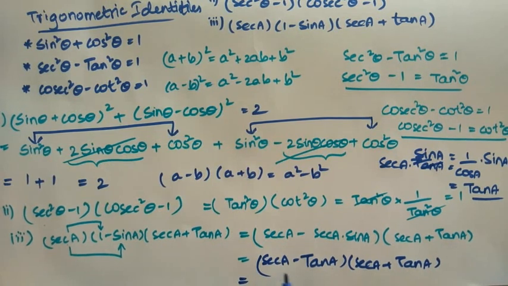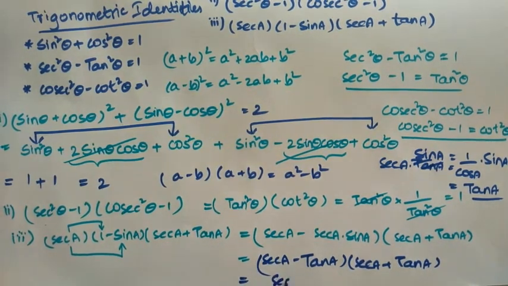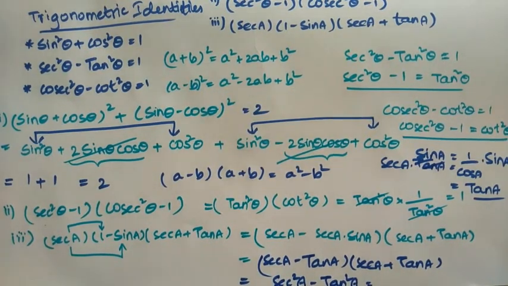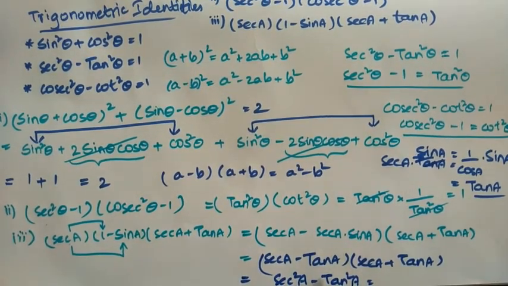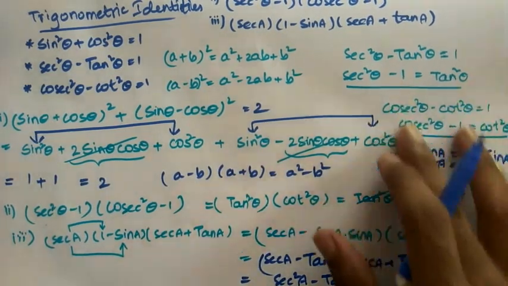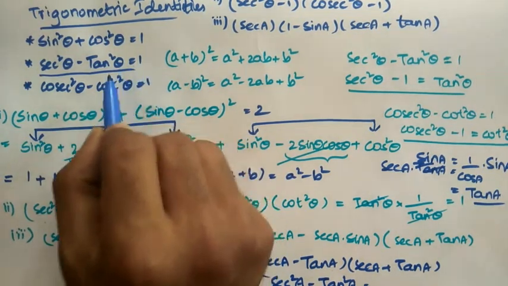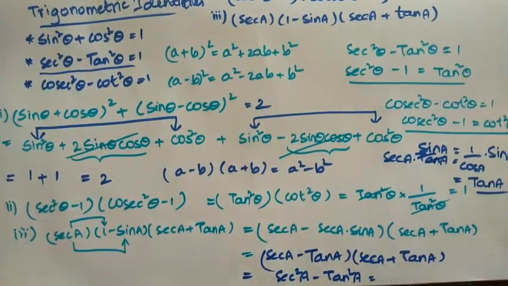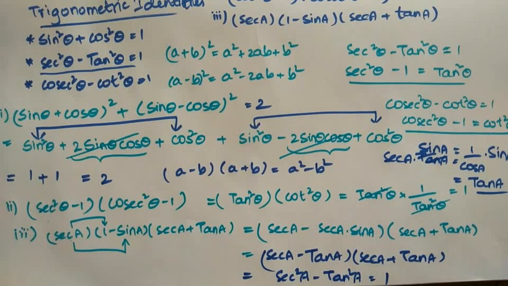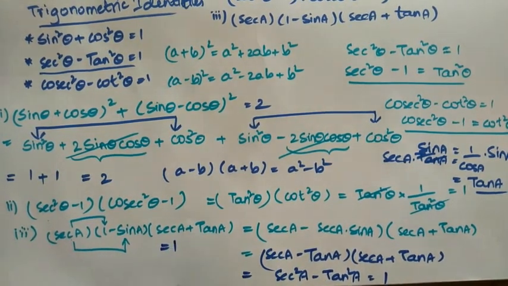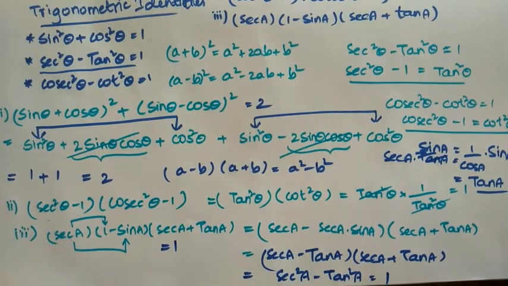So it can be written as secant square A minus tan square A. From the identity secant square theta minus tan square theta equal to 1, this value must be 1. So the final value of secant A into 1 minus sin A into secant A plus tan A is 1. Let us solve one more problem on this.